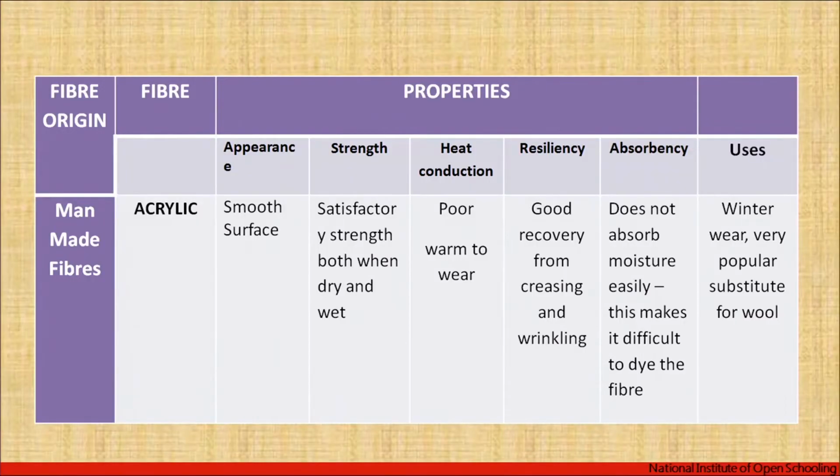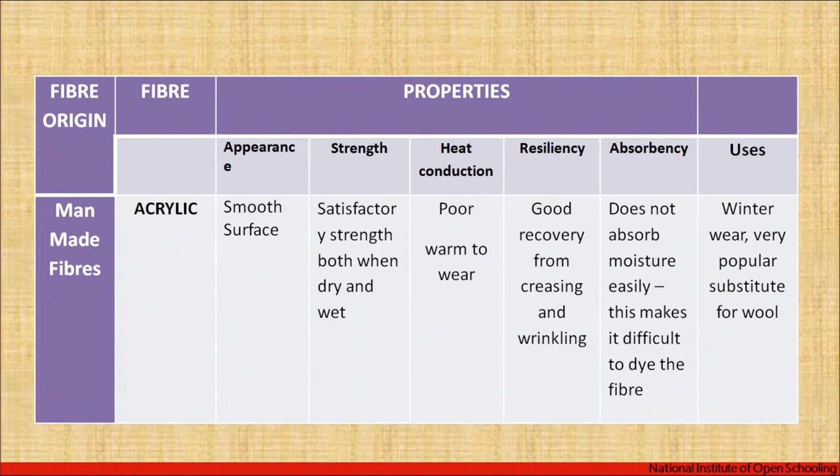The other one is acrylic, which has properties like wool fiber. It has a smooth surface. Its strength is satisfactory in both dry and wet conditions. Heat conduction is poor, and it is warm to wear. When it's warm to wear, that means it is used for winter wear.